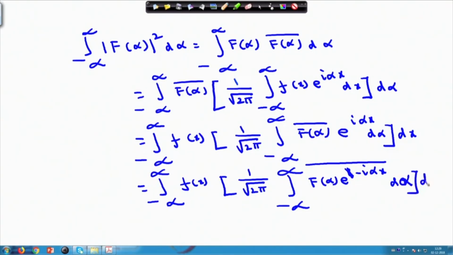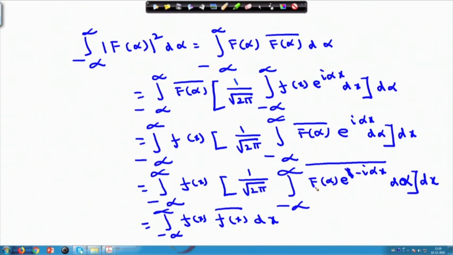And what is this? 1 by root 2 pi, integral from minus infinity to infinity F(alpha) into e power minus i alpha x. This is nothing but your f(x) is there and this is f(x) bar dx. So, therefore, what is happening? Please note that F(alpha), mod of F(alpha) is there, F(alpha) bar was there into, not mod, F(alpha) bar into e power i alpha x was there.